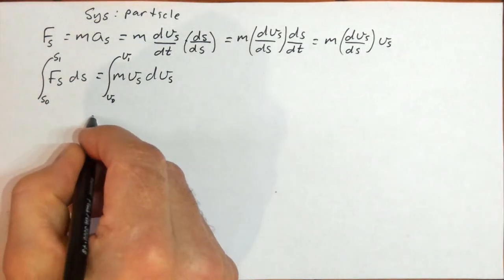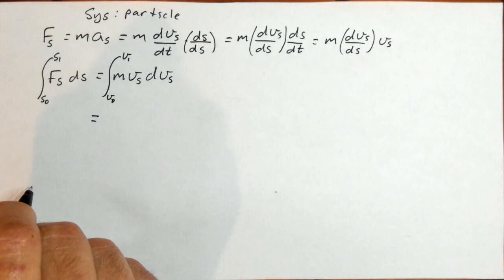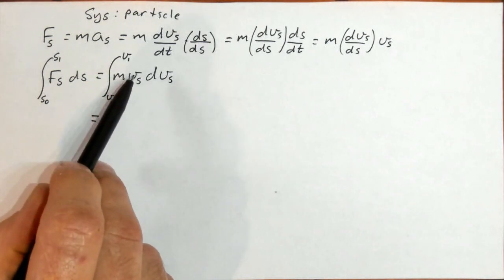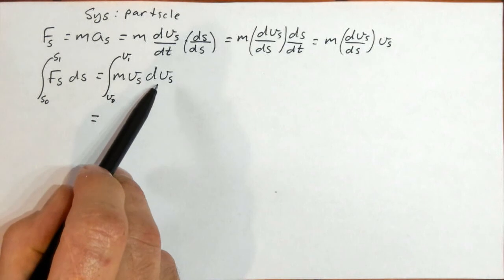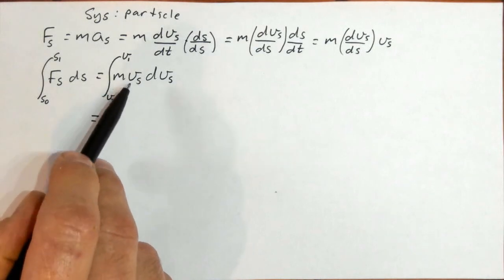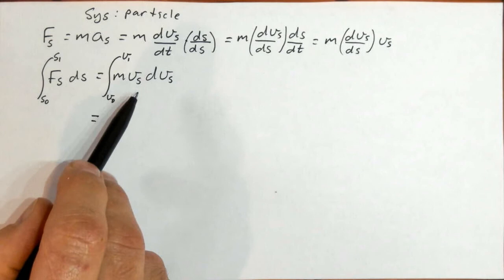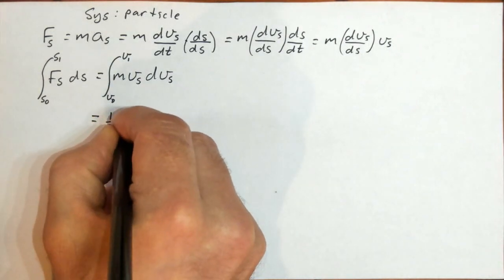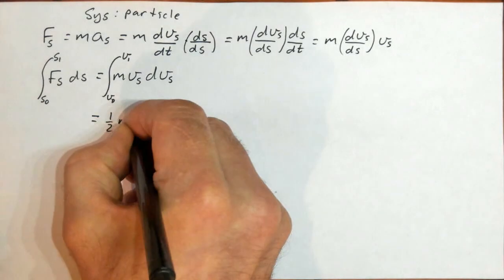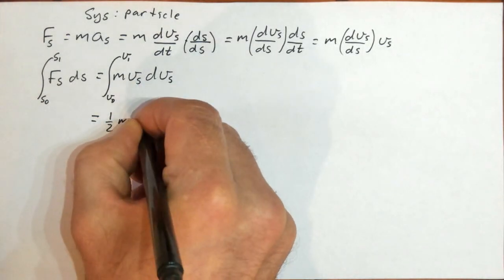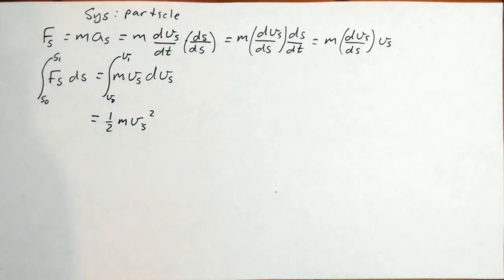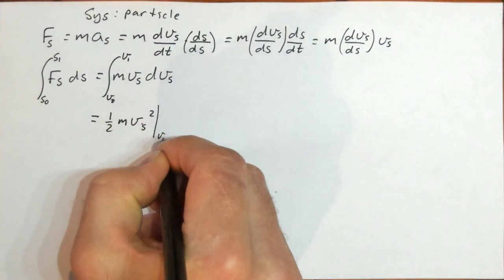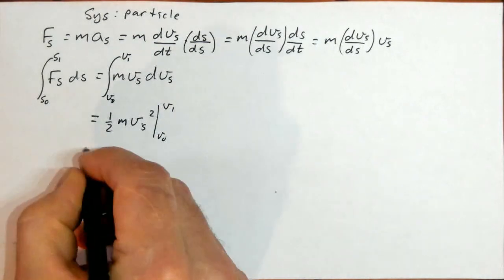Now, focusing on this right side, the mass is a constant, so it comes out, and I have an integral of v_s with respect to v_s. That's just going to give me one half v_s squared by the power rule. So this ends up being one half m v_s squared, evaluated between its limits, from v_0 to v_1.